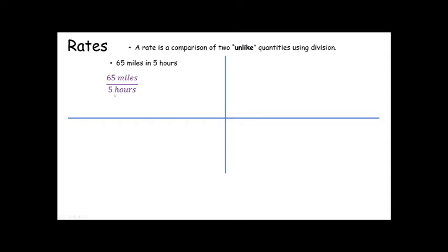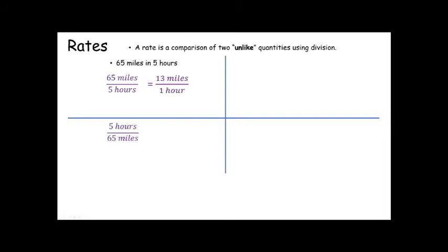And just like with a ratio, I'm always going to want to put that into simplest form. In this case, this is 13 miles in 1 hour. But notice these units are not the same. I have miles on top and I have hours on bottom. So ratios will not have units in your final answer, but rates will have units in your final answer.